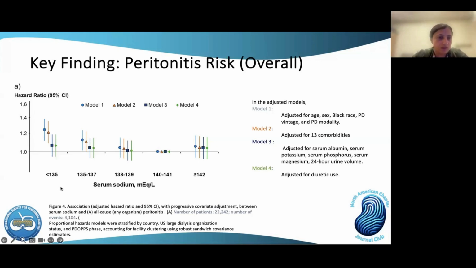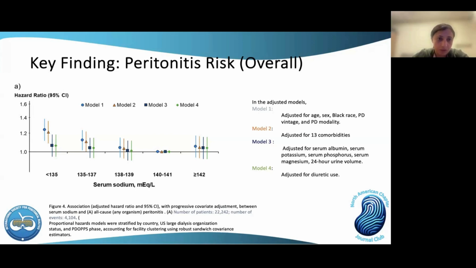For less than 135 serum sodium, initially when it was adjusted for Model 1 and Model 2, it seemed like those patients who had a sodium of less than 135 had increased hazard ratio compared to the other groups. However, when we adjusted for Model 3 and Model 4, the risk seems to attenuate.